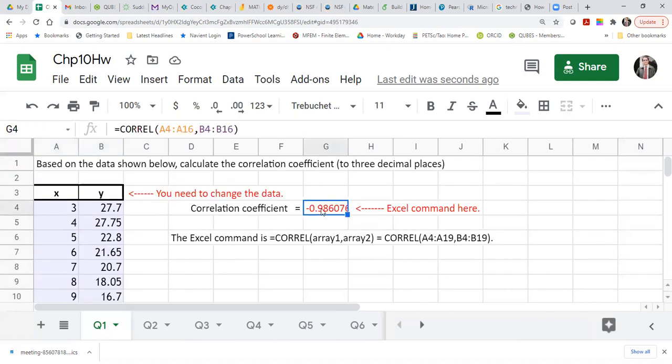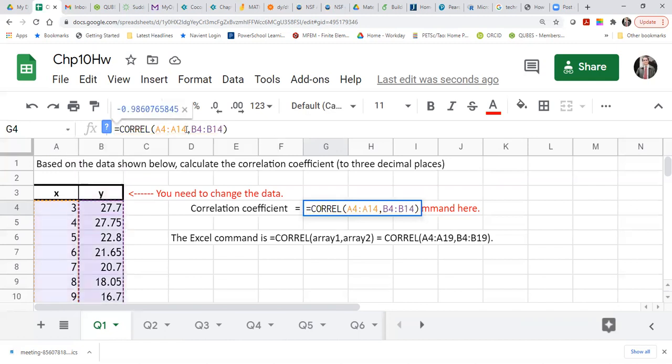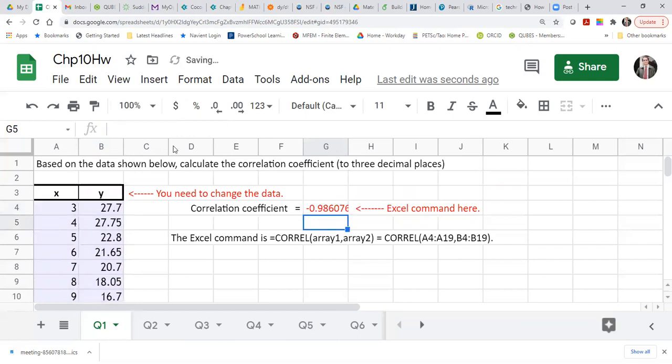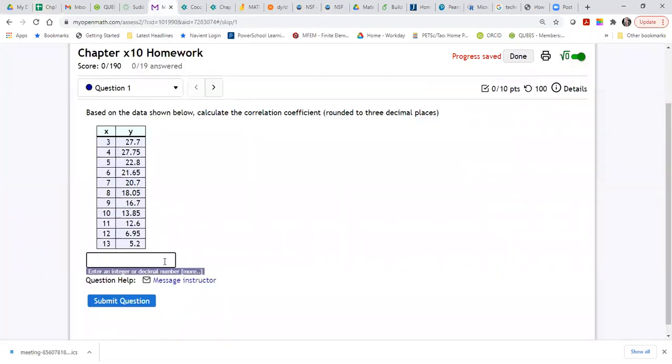So make sure the formula changes to A4 to A14, and then using the arrow button, change this one to B14. Then enter. This will be our answer. Copy this and paste it in your answer, rounding to 3 decimals.